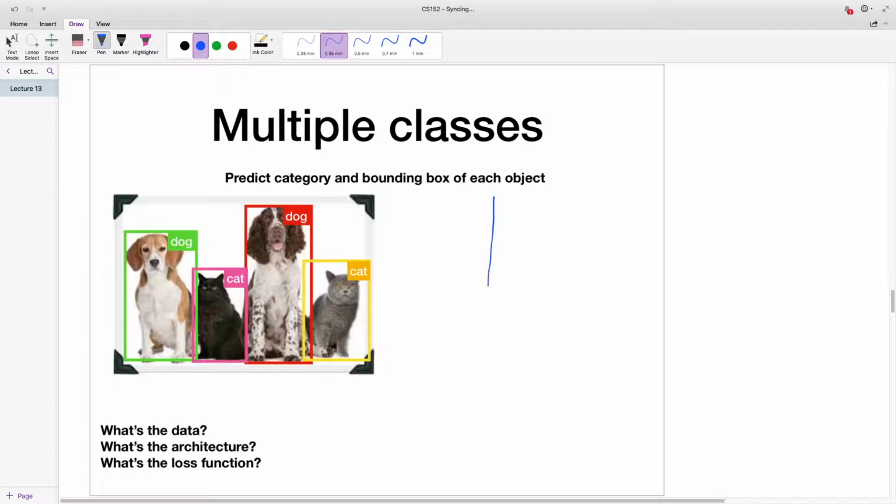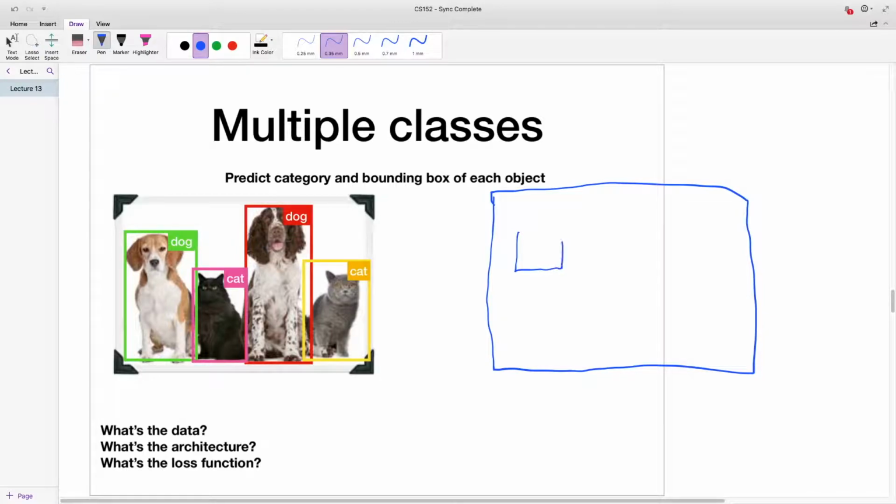Let's say that our output for our neural network, and I'm representing this pictorially because it's easier than writing down a bunch of numbers, has dog and cat.